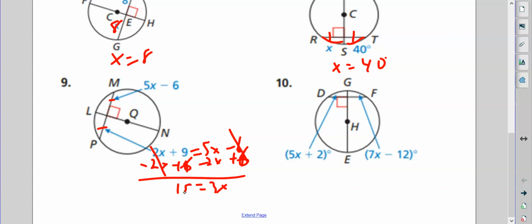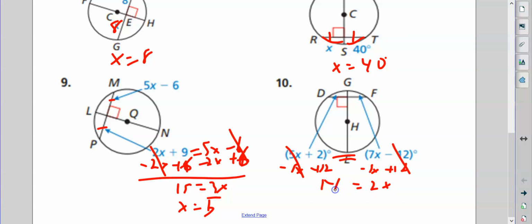And when I divide by 3, I get x is 5. Number 10, again, these are equal to each other. So I'm going to subtract 5x. Again, I like to keep my x's positive, which means I'm going to add 12. And that gives me 2x equals 14, so x is 7.